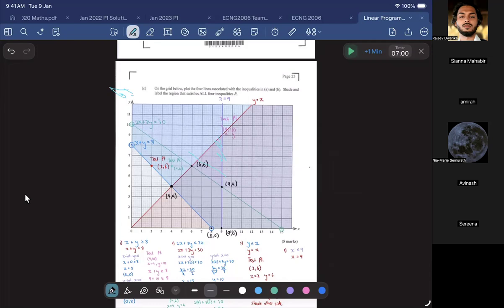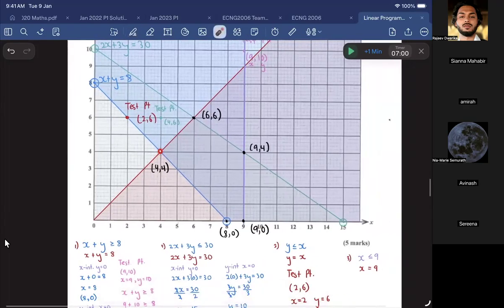Nia, let me know if you understand this. I think so. Maybe just a little bit. Where did I lose you? What part did you get? The 8,0 and 9,0. You don't understand why I label it that coordinate. You understand the others, though, like 4,4, 6,6, 9,4?